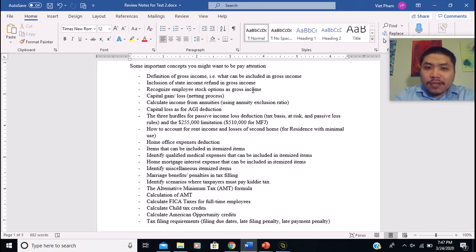Remember that taxpayers can deduct the state income tax that they paid as a deduction, and then if later on they receive a tax refund from the state, they may have to include that amount in their gross income as well, but only to the extent that the refund reduced the taxpayer's taxes in the previous year.